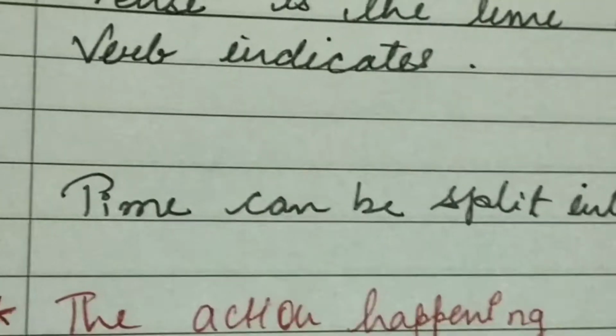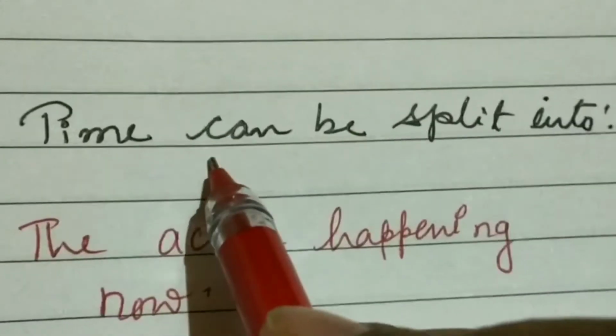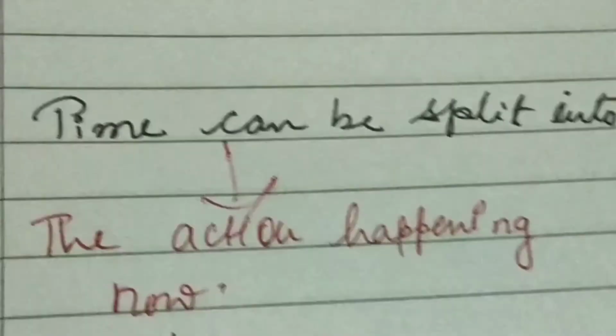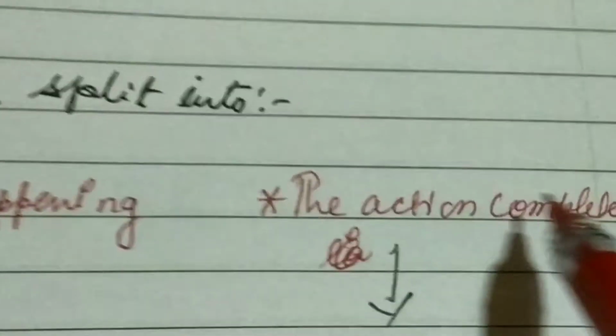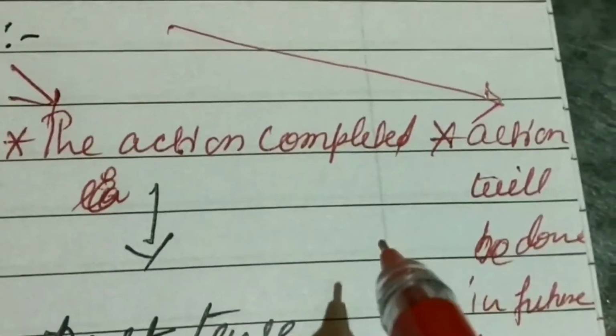So we have seen in the previous example that time can be split into the action happening now, or the action which is completed, or the action which will be done in the future.